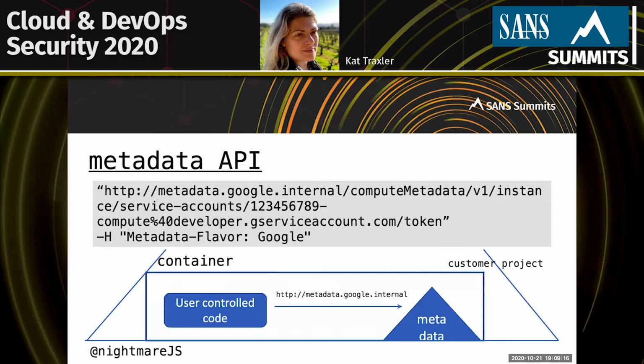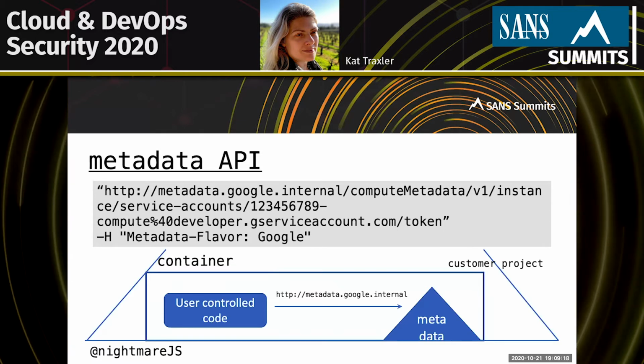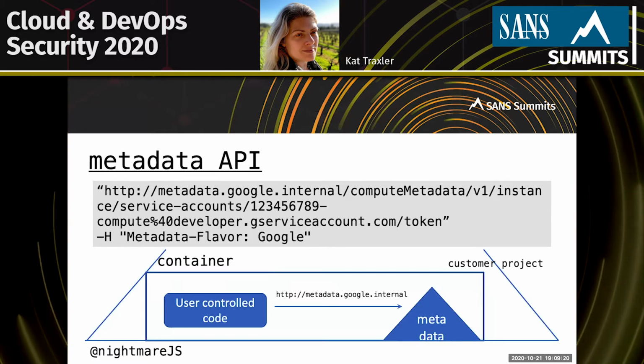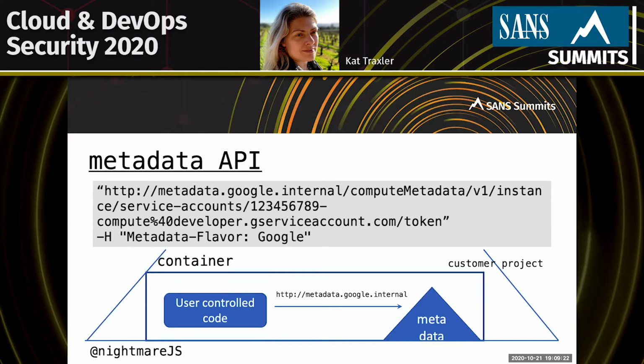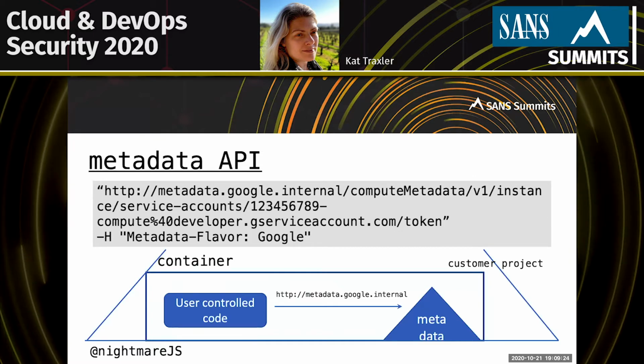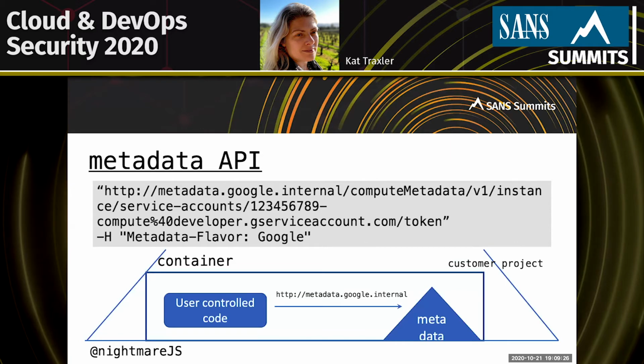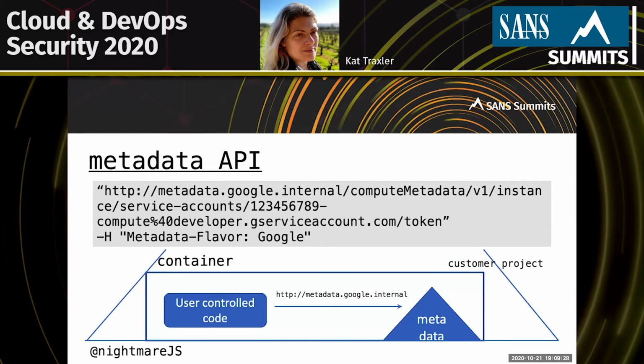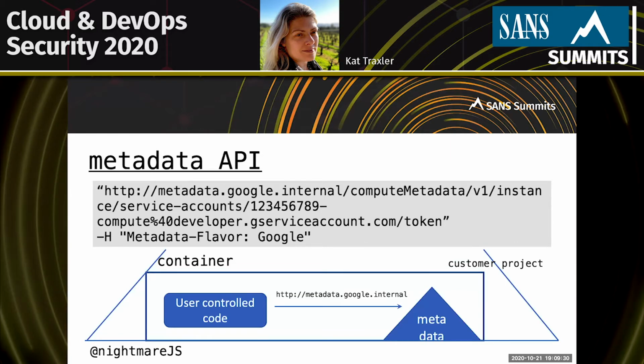So if we acknowledge that code has an inherent need to access its internal Metadata API, then my first rule of GCP bug hunting is going to be really self-evident.